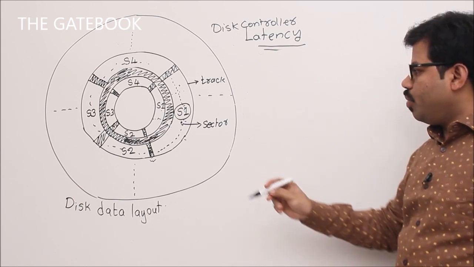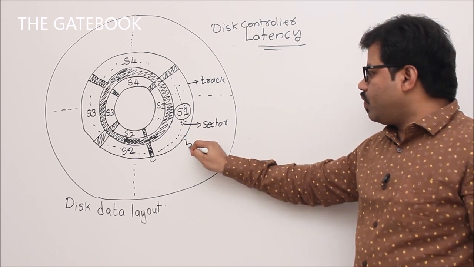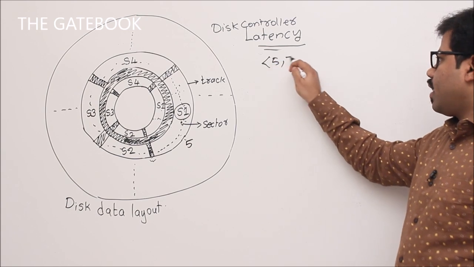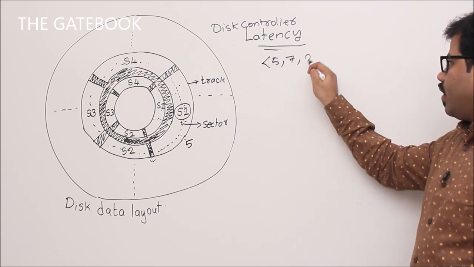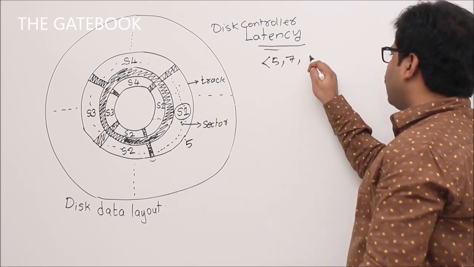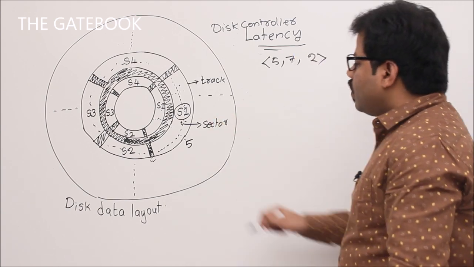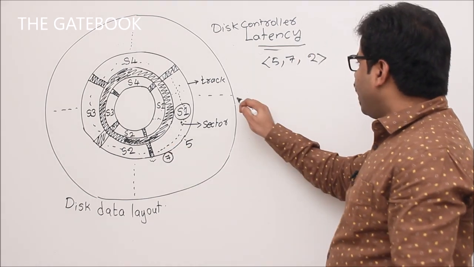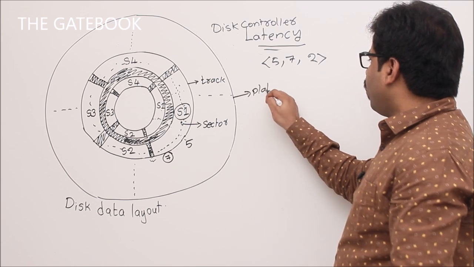Let's say this is plate number 5, track number 7, sector number, let's say 20. Since in our problem we have only a few sectors, let's take sector number 2. Assume that this is track number 7, and this is plate 5.